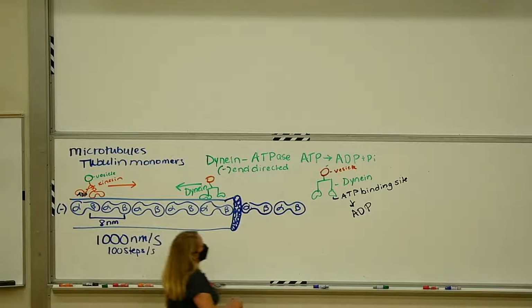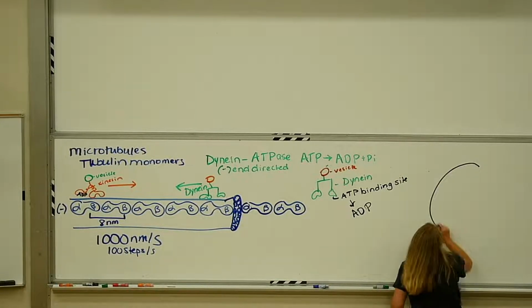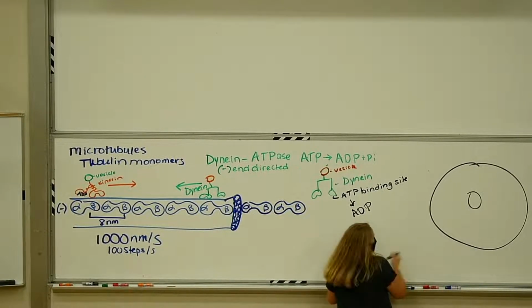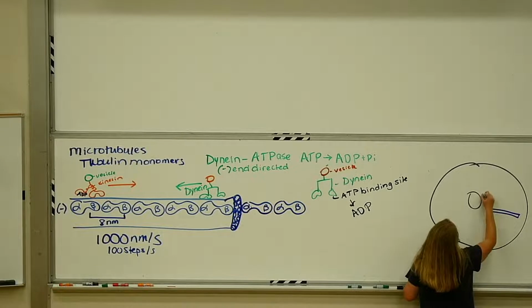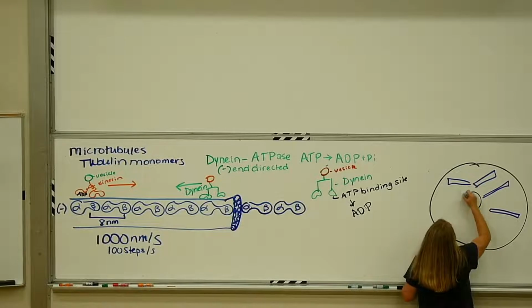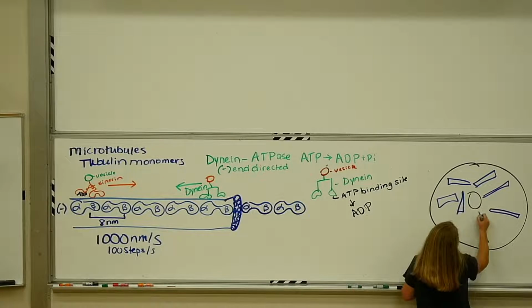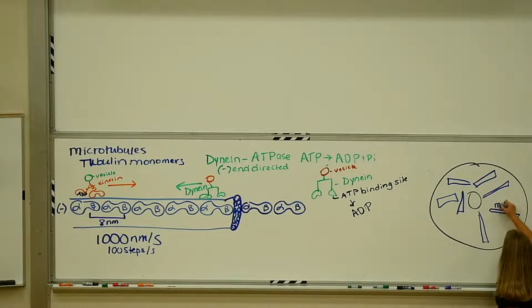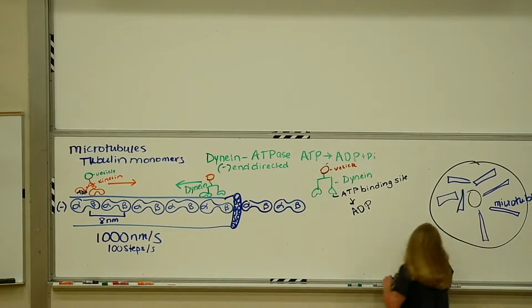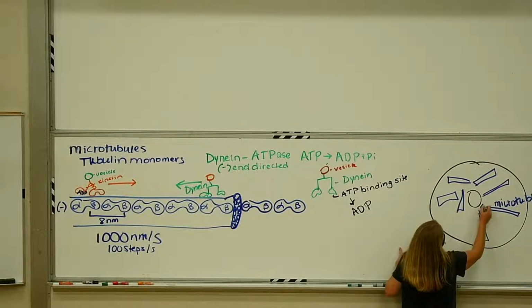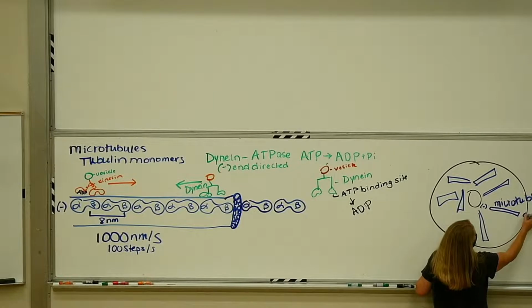And just to see that within a cell, okay, those are my very sloppy, hastily drawn microtubules. When we are closest to the nucleus, that is going to be the minus end. And when we're towards the membrane, that is the plus end.